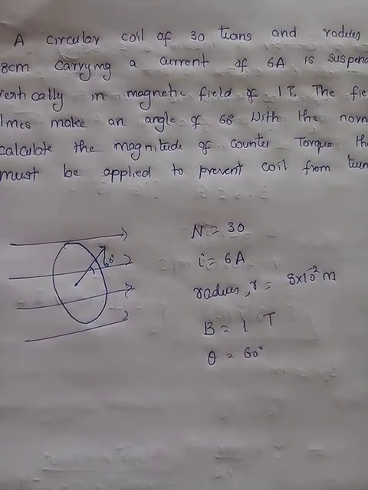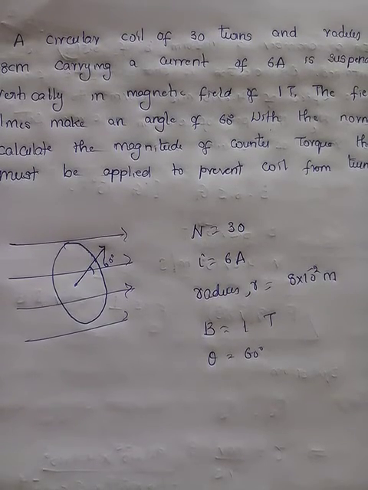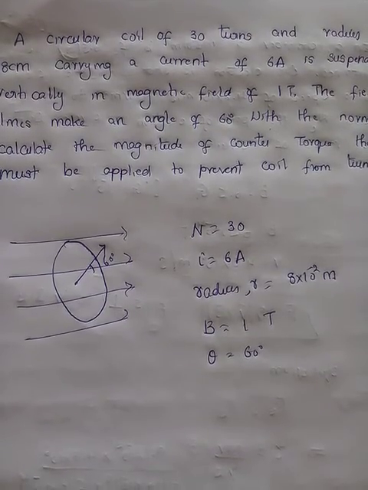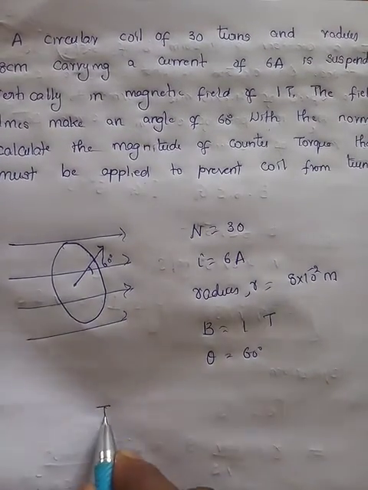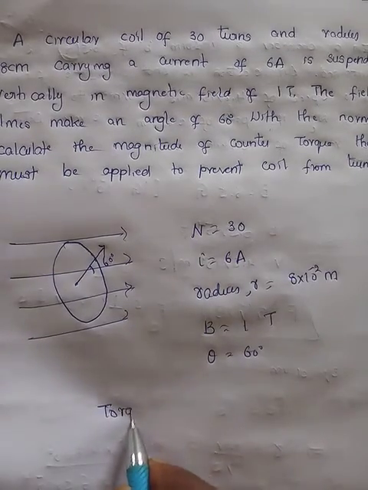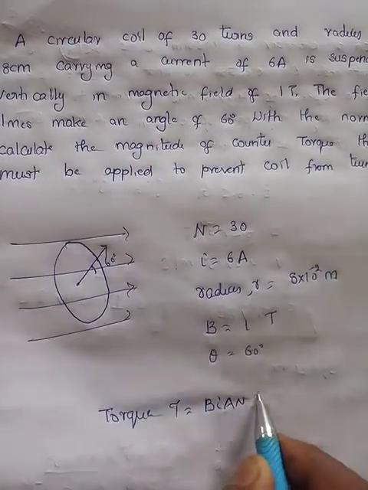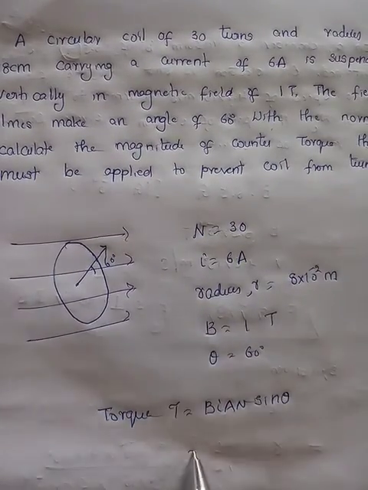When a coil is placed in a magnetic field, it experiences torque. To prevent it, we have to apply a counter torque in the opposite direction, with the same magnitude. Torque tau is equal to BIAN sin theta. What is B?